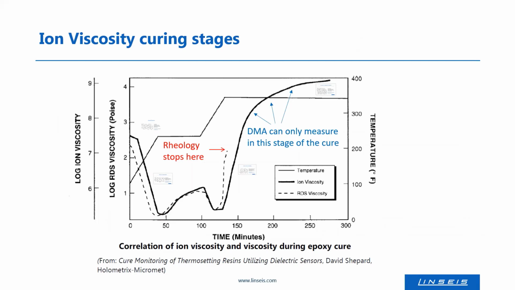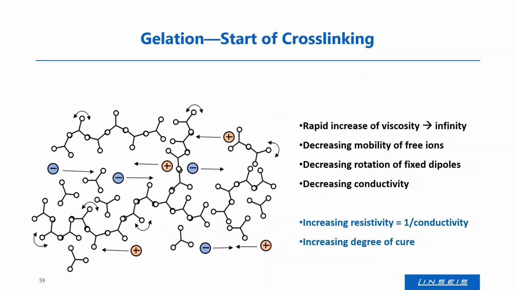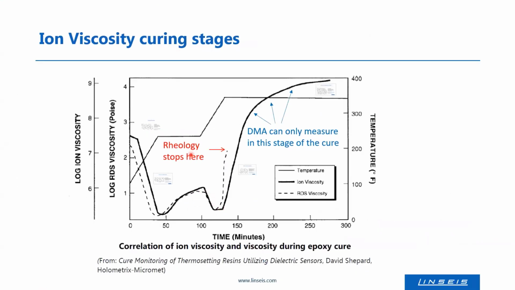But then at the next step of the curing reaction, which is called gelation, the networking, the linking of the chains, is starting. And with that gelation, we see a very strong increase, here it starts with the second temperature increase.